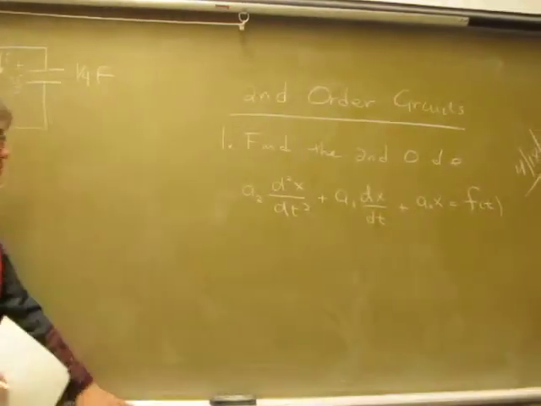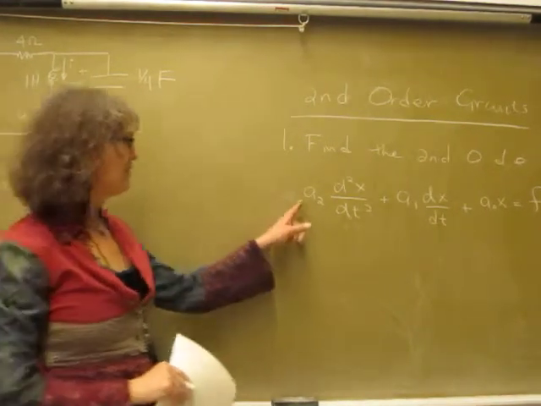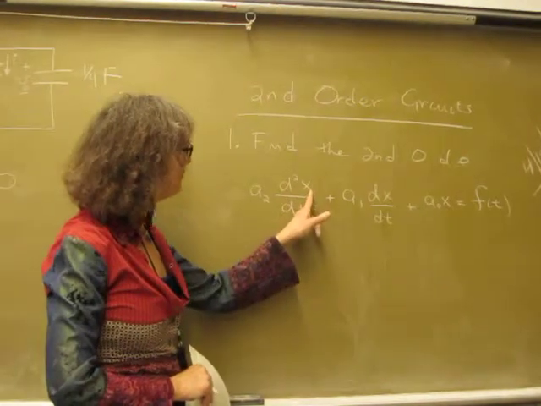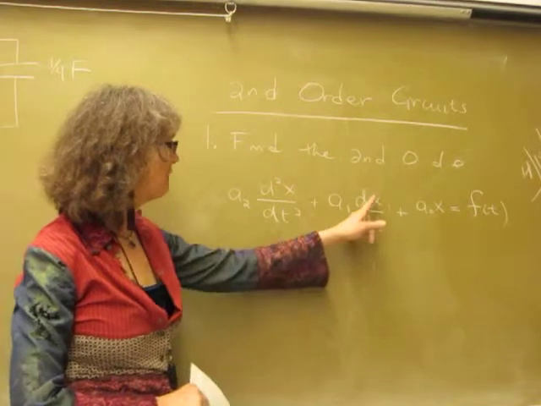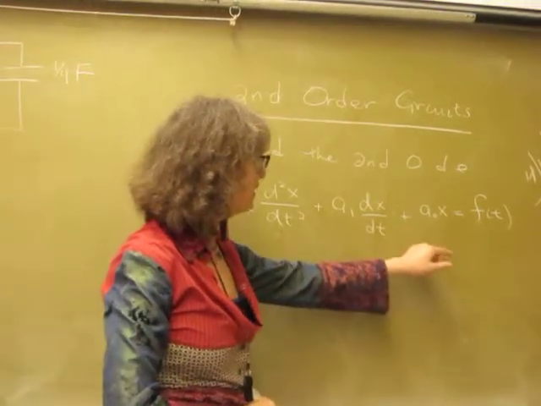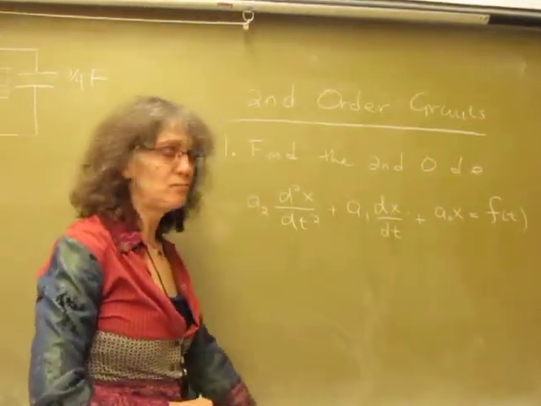That's the most general form of a second order differential equation. You've got some constant times the second derivative of your variable with respect to time, plus another constant times the first derivative of your variable with respect to time, plus a third constant times your variable equals some forcing function.